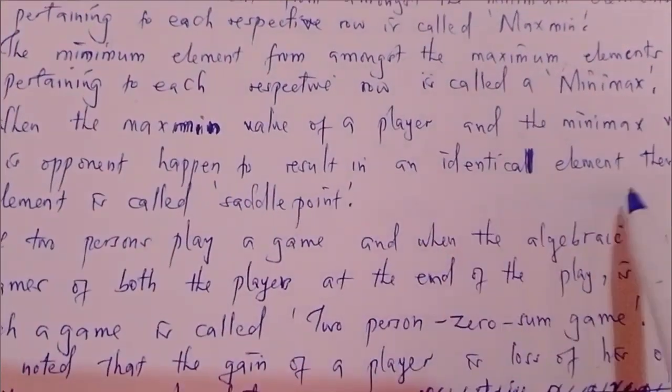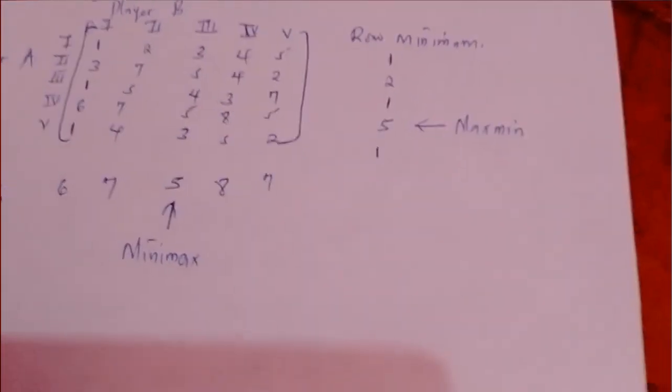Remember, you have said here that when the maximin value of a player and the minimax value of his opponent happen to result in an identical element, then that element is called a saddle point. So we have seen that the maximin is equal to the minimax. So 5 is our saddle point.